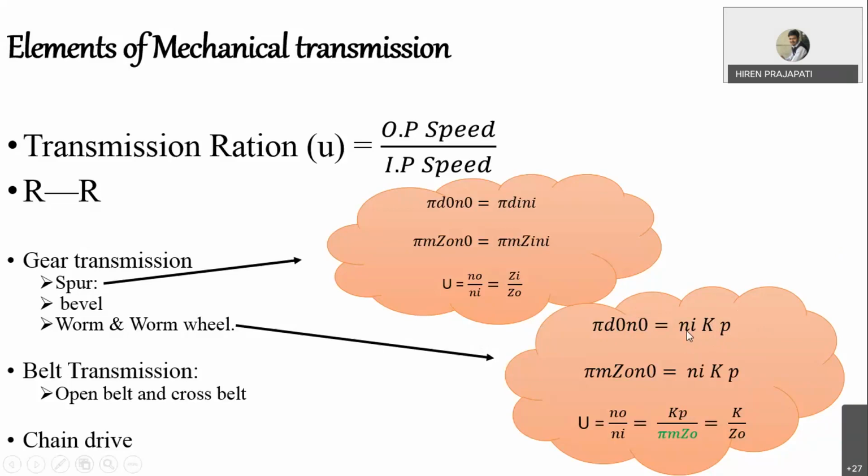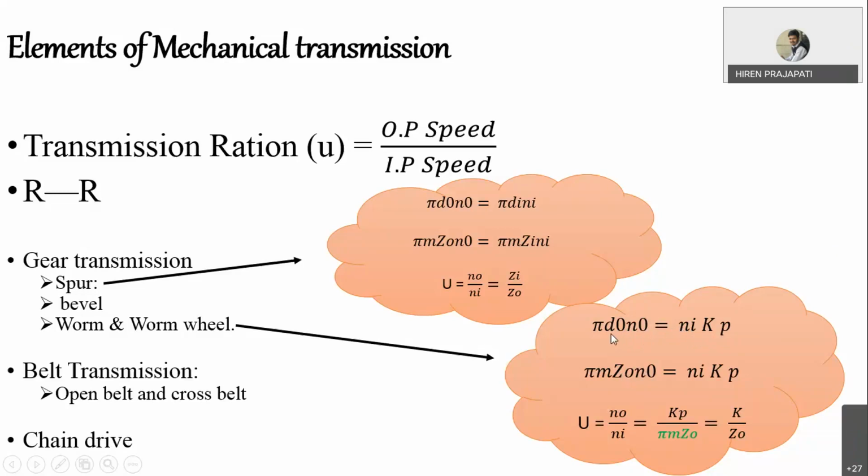And ni stands for the rotational speed of the worm. Both are equated because whenever meshing takes place, at the meshing point both have the same tangential velocity. So pi d0 n0 is for the worm wheel and ni K P is for the worm.